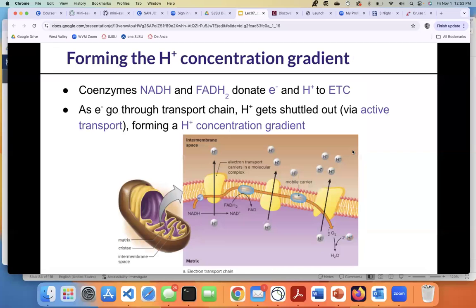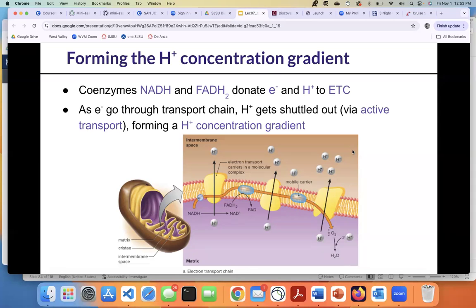So as I mentioned, where that gradient comes from is us forming this hydrogen plus concentration gradient. When the two electron carriers NADH and FADH2 donate their electron and hydrogen to the electron transfer chain, the protons are being pushed against the concentration gradient, which is why it's an active transport, because it doesn't want to move this way.